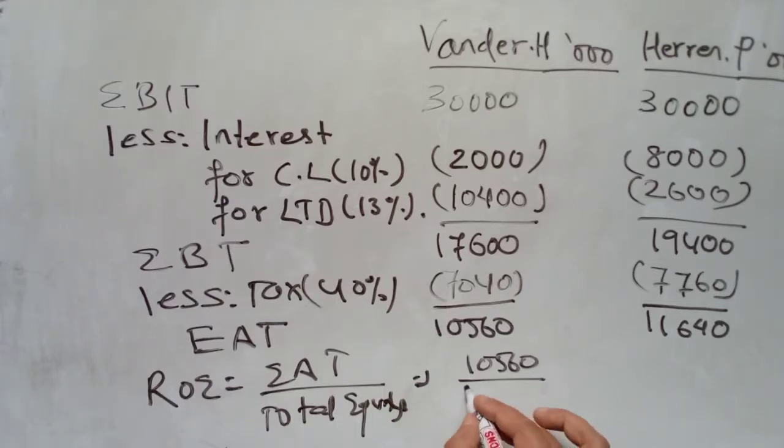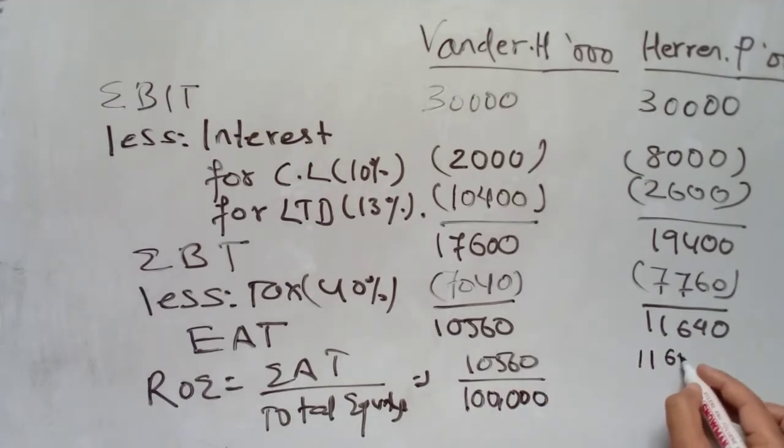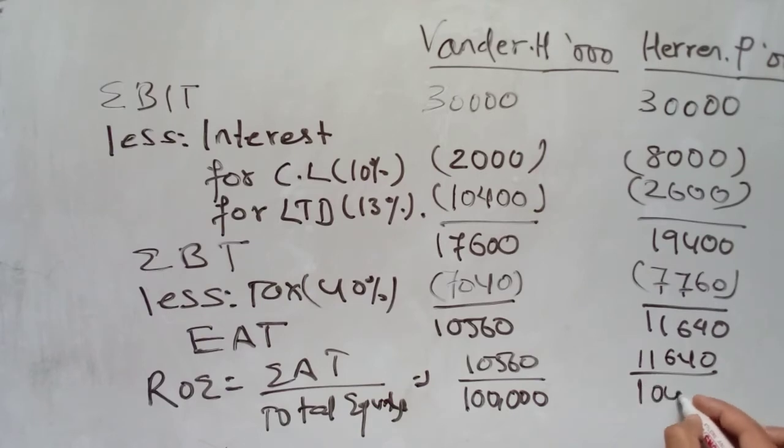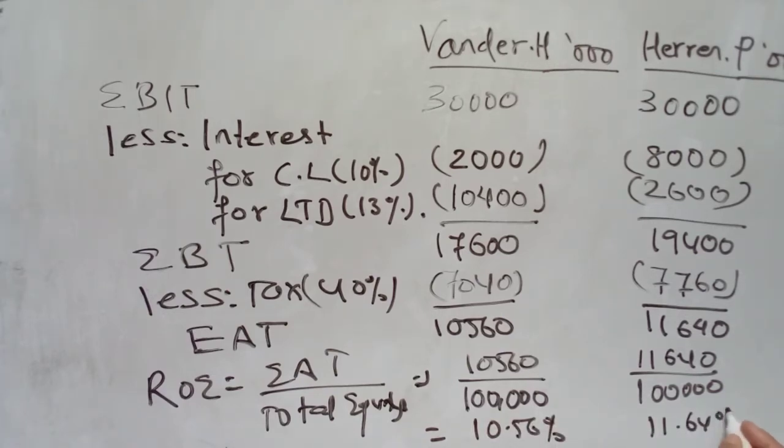Similarly, total equity is 1 lakh for the same. Therefore return on equity is 10.56% for this and 11.64%. In this way we can calculate the return on equity of each of the companies.